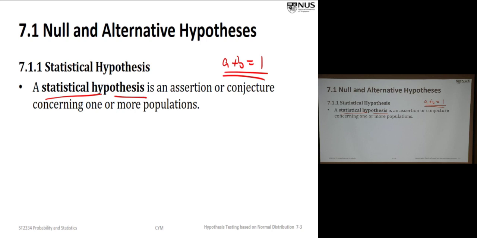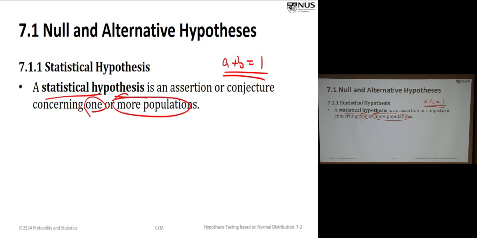And of course, in a statistical hypothesis, the statement cannot be just A plus B equal to 1. The statement should be concerned about one or more populations, or certain characteristics of these populations.